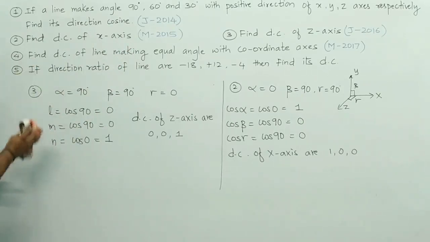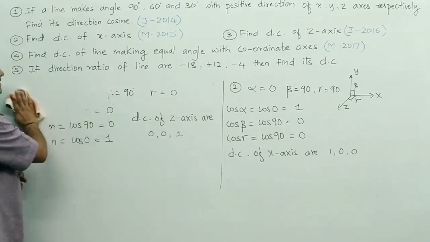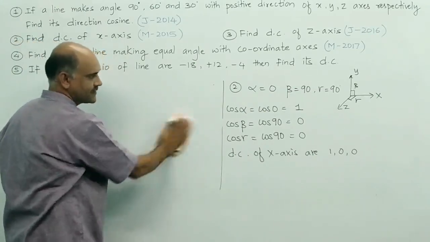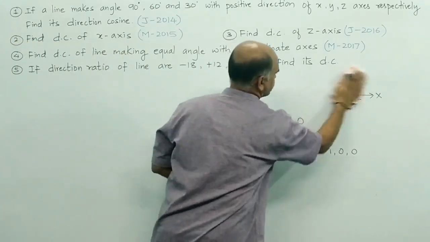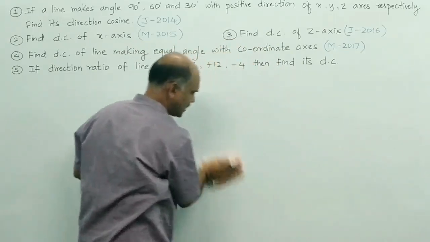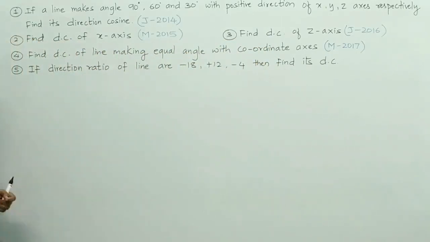Now, coming to the fourth one. Find the direction cosines of a line making an equal angle with the coordinate axes. So the line is making an equal angle with all the 3 axes. Means what he has given?